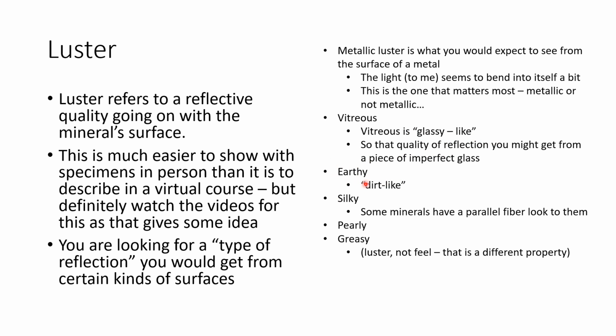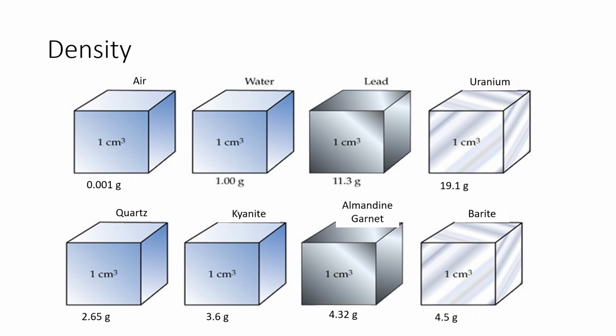Earthy is easy to see because it's almost like it's not luster. You can see silky, where they look fibrous, pearly, greasy. There's a bunch of other kinds of lusters. So you just have to train your eye, look at a bunch of different ones, and decide, okay, that's what they mean when they say metallic luster.